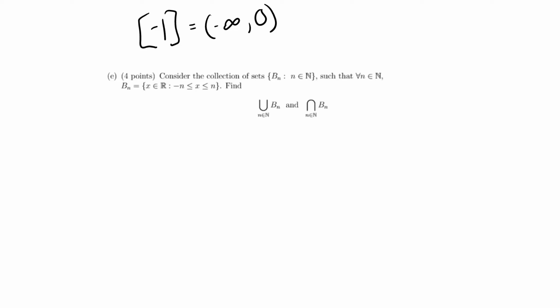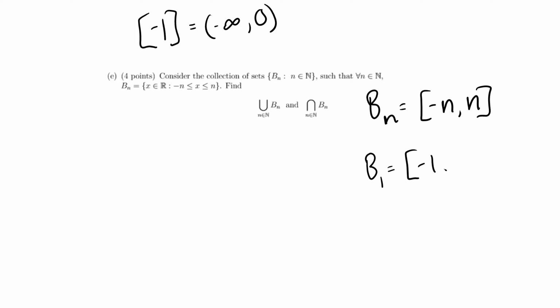So I'm going to rewrite B_n as -n to n because that's just easier for me to look at. So consider the collection. We just need to figure out what these are. I often talk about how we want the trick of trying a few iterations. So here's B1, here's B2.